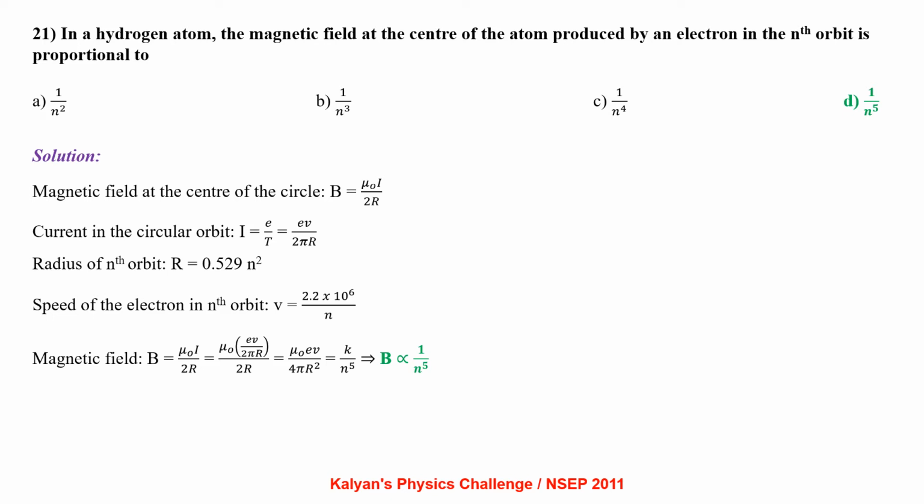Speed of the electron in the nth orbit is 2.2 times 10 power 6 by n. So the magnetic field B equals mu naught I by 2r, that is mu naught times e v by 2 pi r by 2r. Upon substituting the given values, we get magnetic field is proportional to n power minus 5.